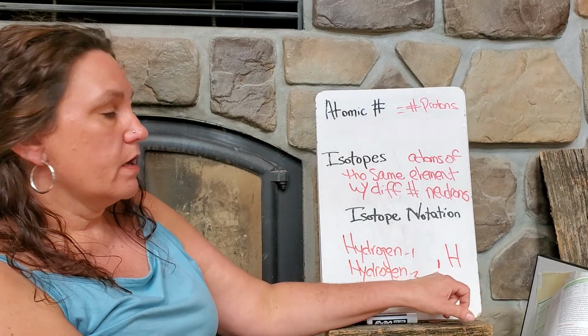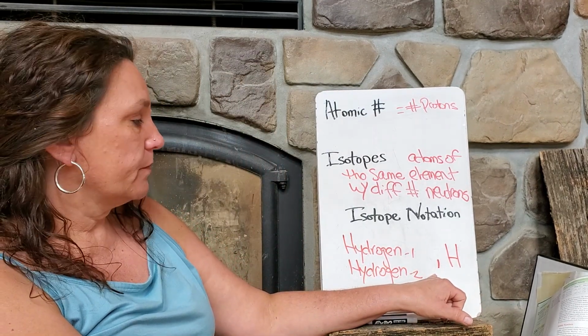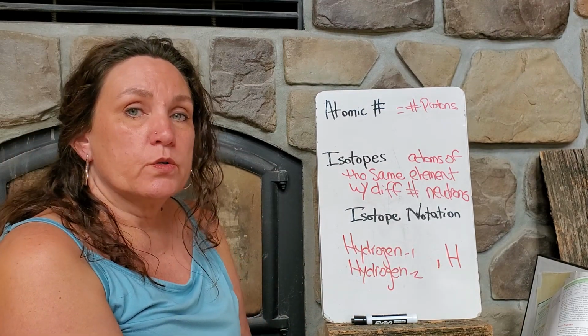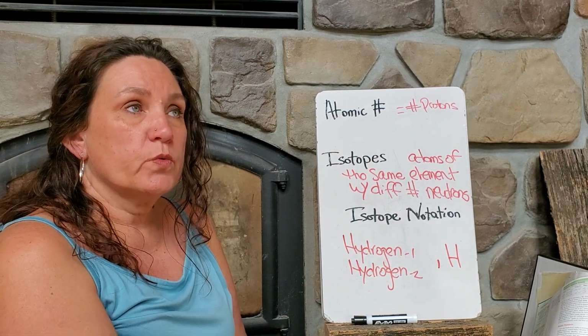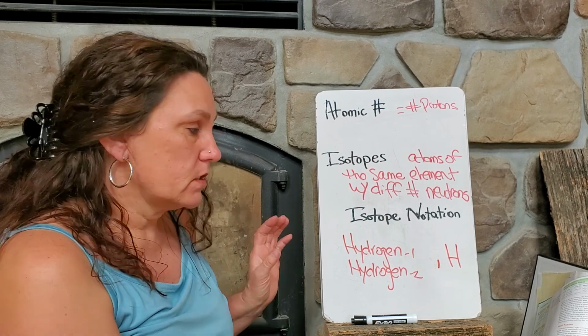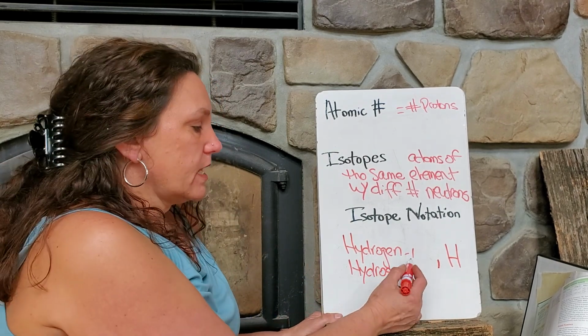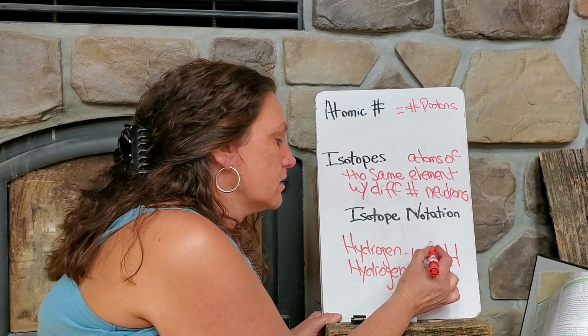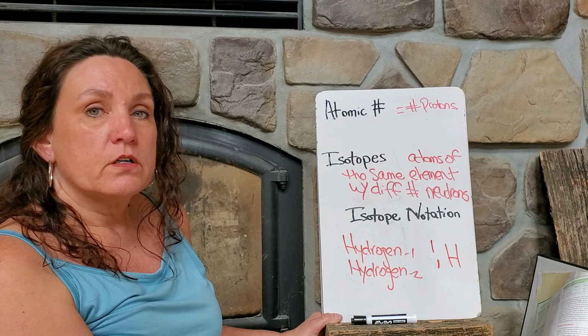So it goes on the bottom left. On the top left, we put the total weight, so the sum of the protons and the neutrons. And in this case, that is this number. So the protons and neutrons for this substance, when added together, are 1.